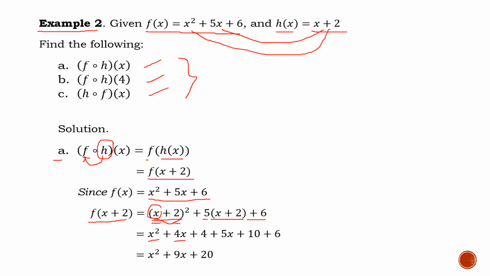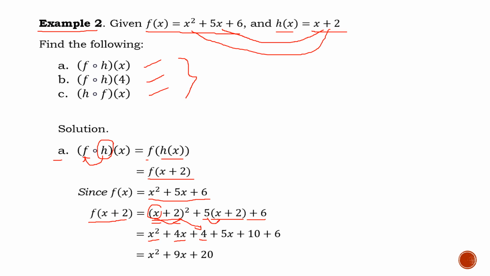So 2 multiplied by x, it's 2x multiplied by 2 because it's twice the product of your first and second term. That's why it's 4x. Now, for your third term here, that will be the square of this 2, which is 2 squared is equal to 4.